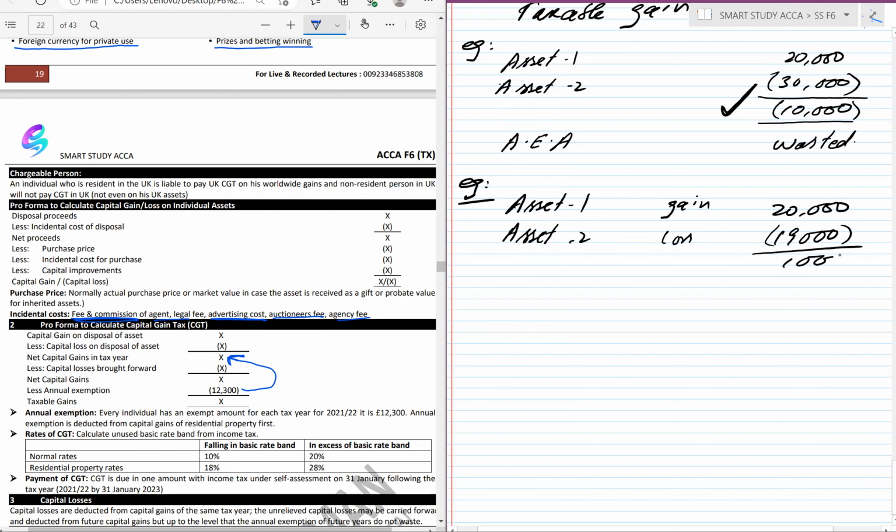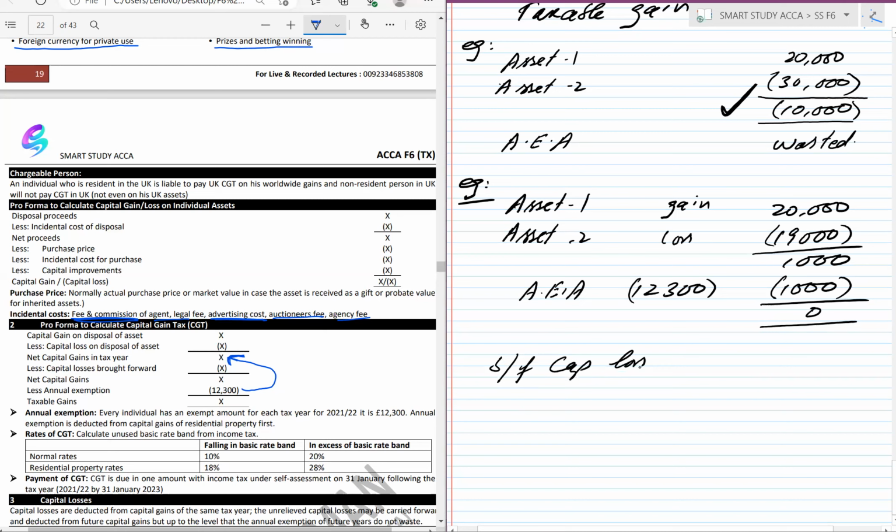So now we have gain of only 1,000. So annual exempt amount in total is 12,300, but over here only 1,000 pounds will be used and the remaining will be wasted. If we have brought forward capital loss over here as well.